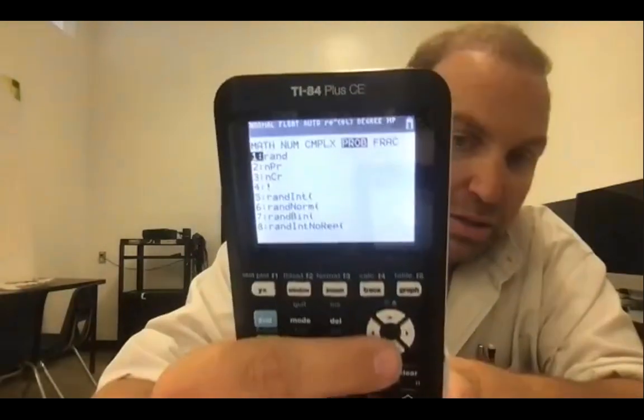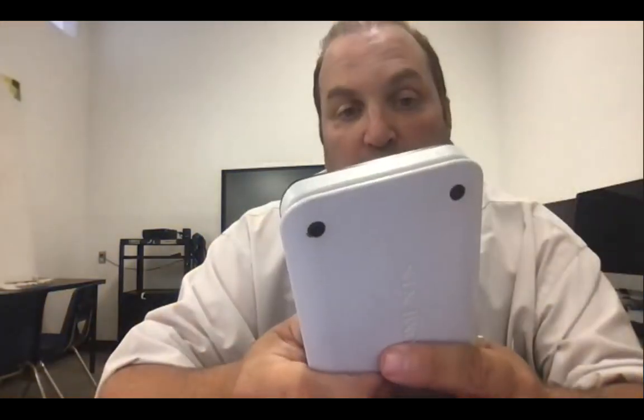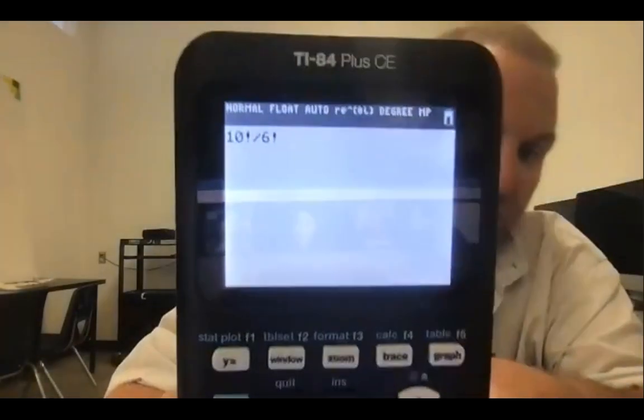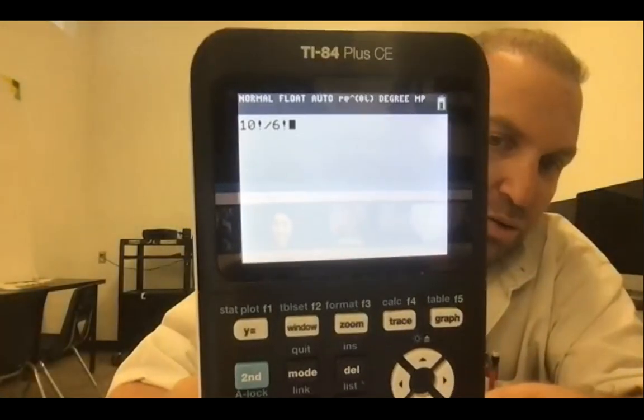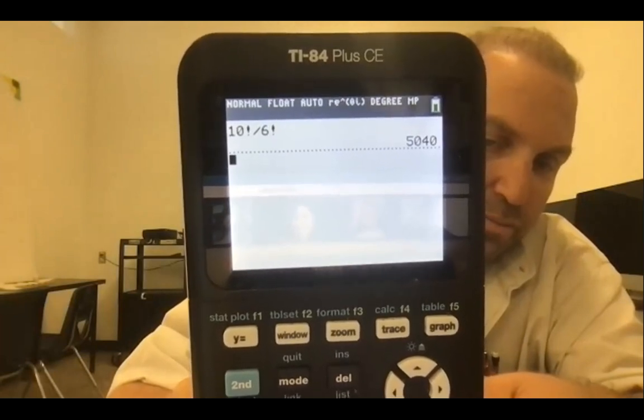And you see the fourth one on the list is the exclamation point. So I'm going to do 10 and then hit that button, factorial. 10 factorial divided by 6 and hit that button again, factorial. So I put in 10 factorial divided by 6 factorial. I hit enter and I get 5,040.